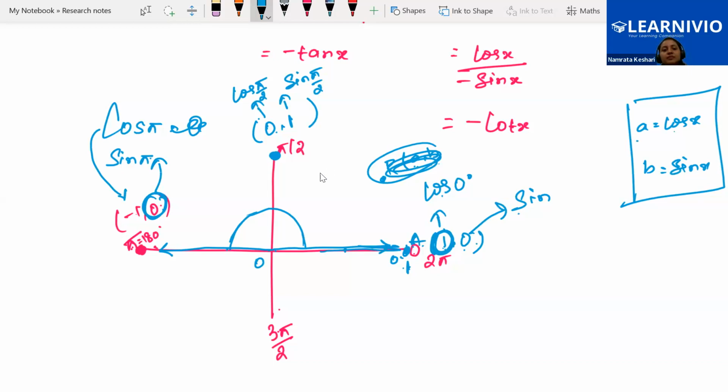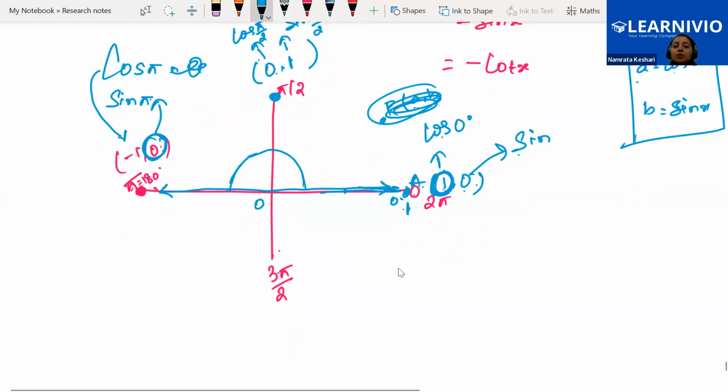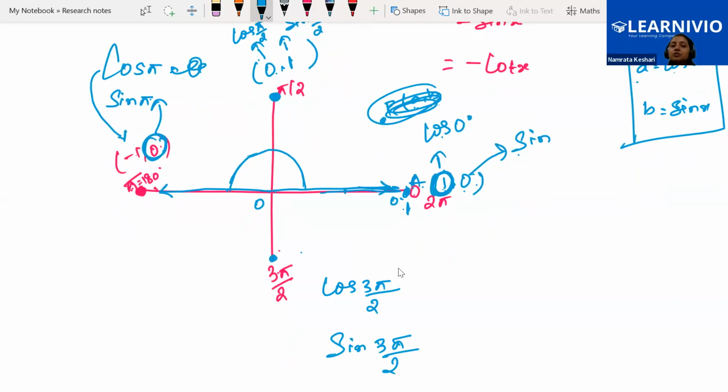Yes. So can we say that cos pi is -1 and sin pi is 0? Can we? Yes. Okay, if you understood this one, now you tell me what is cos 3π/2 and sin 3π/2? Now I am not going to tell you here the coordinate will be what, 1,0, 0,1 or 0,-1 or what, because it's a unit circle.